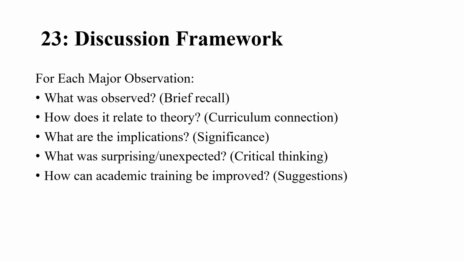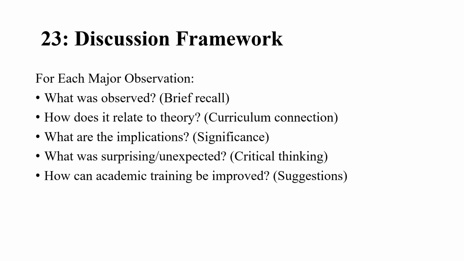And in the discussion framework you can draft it like this. For each major observation, like you have 5 to 6 observations, you can basically start with a brief recall: this is what was observed, how it is related to your current curriculum, your subject, and then what are the possible implications or significance of it, and what was the surprising unexpected thing which you observed.